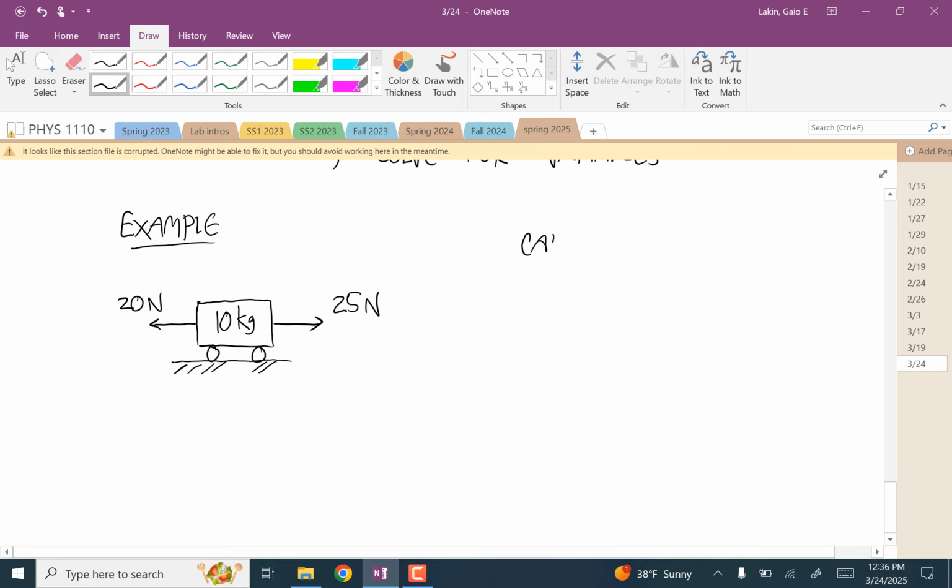And we want to calculate first the acceleration vector. And then second, we want to calculate the force vector on the wheels by the ground.